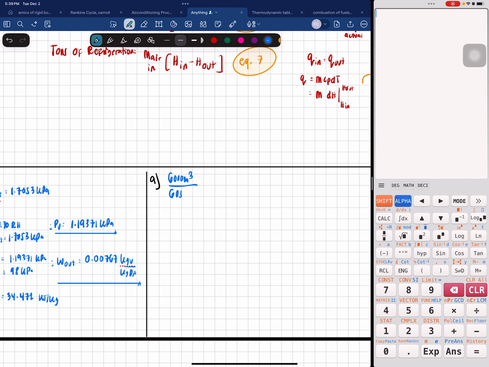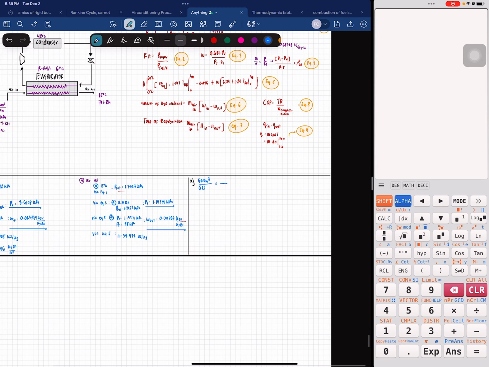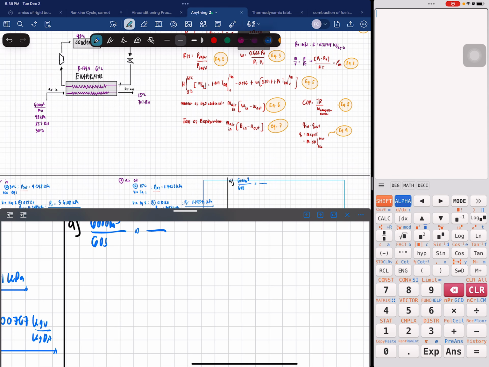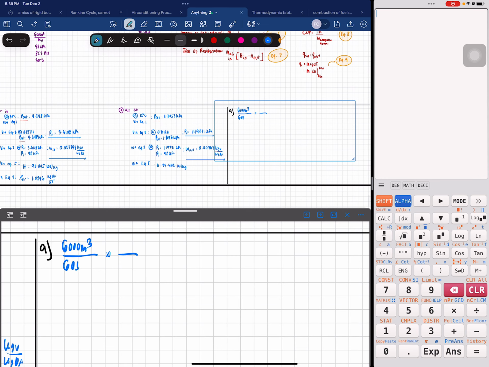Times your density, 1.0846 kilograms of dry air over cubic meter. So this will be your mass flow rate of air going in: 108.46 kilograms per second.